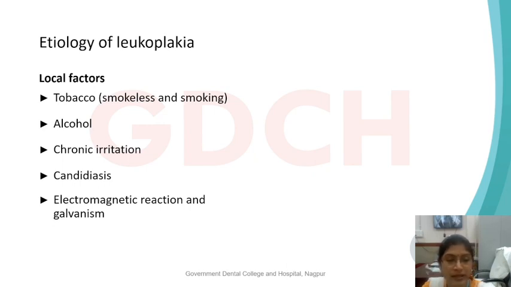Then there is electromagnetic reaction and galvanism. This is seen when two dissimilar metals are present in the oral cavity as antagonists. If so, even that can lead to formation of a white patch on the buccal mucosa, which can have an appearance very similar to leukoplakia.